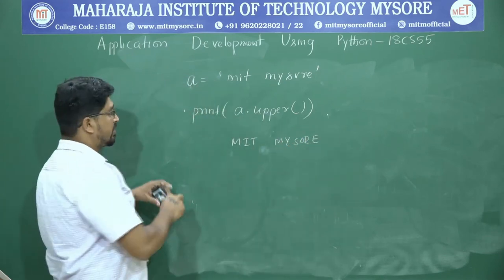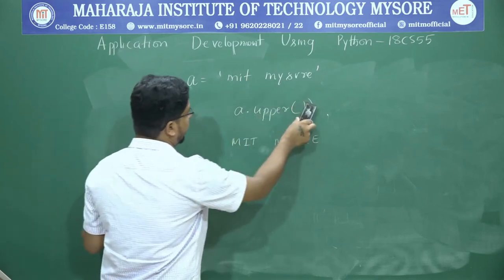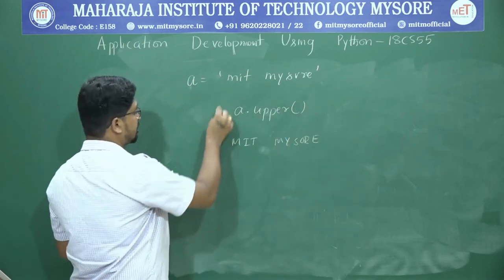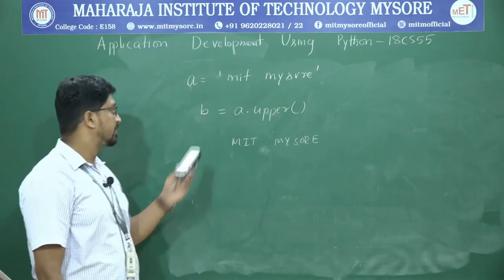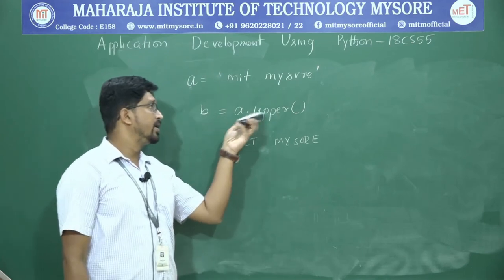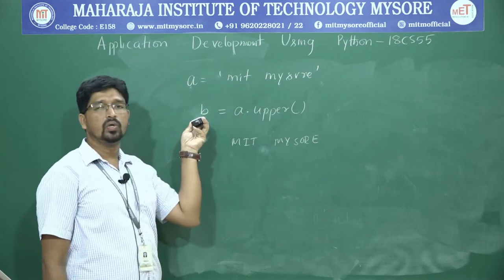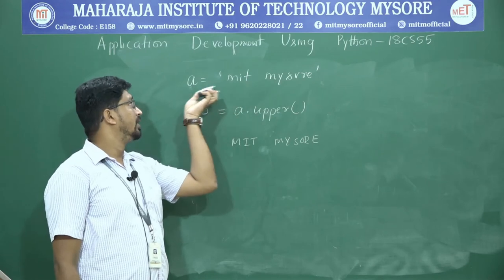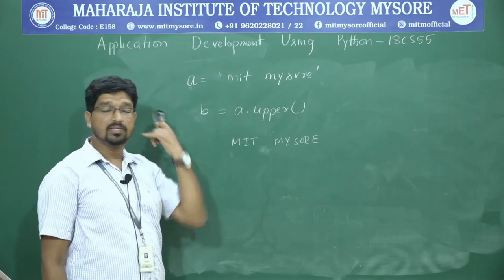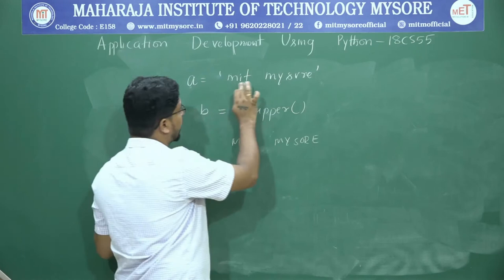Let us say if you want to store this into a variable, you can simply say B is equal to A dot upper, then it will convert A into uppercase and store it into B. This will not convert A to uppercase. Actually A will stay in lowercase itself.